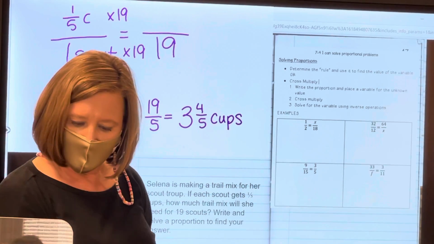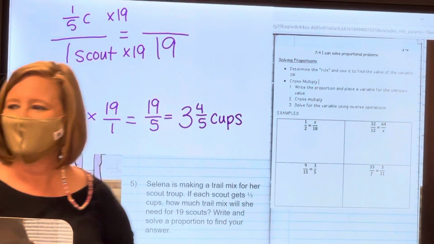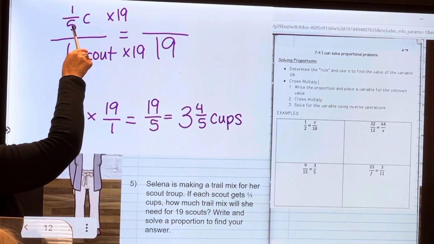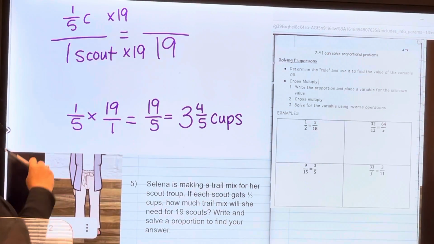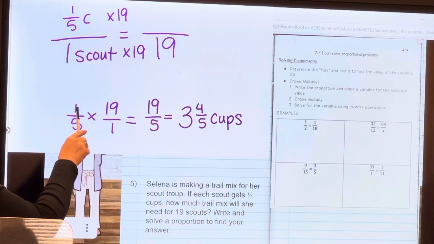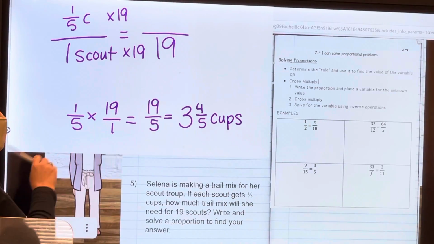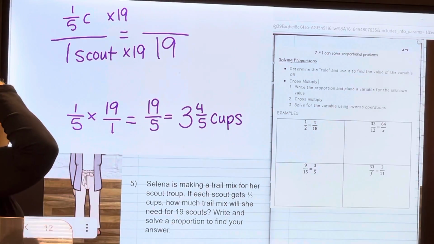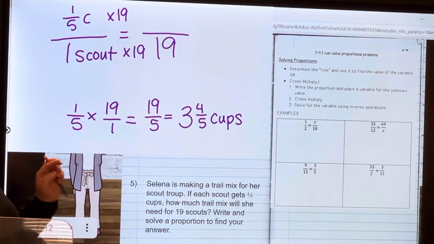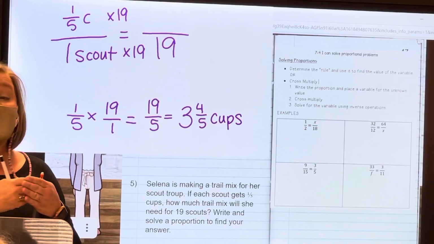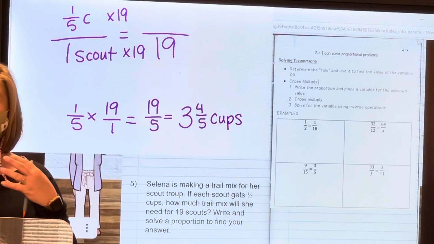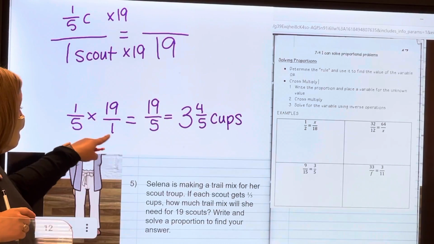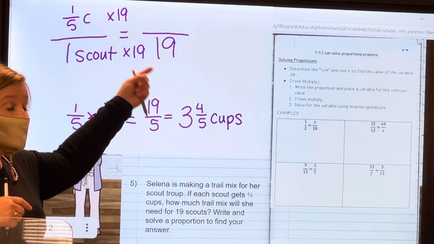How do we get a mixed number? Because, look, you've got 1/5 cup times 19. So I did 1/5 times 19 over 1, because I gotta put a 1 underneath it, and then multiply. Y'all, I told you, you're gonna have to take the skills that you've learned all year and apply them as we keep going. 1 times 19 is 19. 5 times 1 is 5. Then I changed it to a mixed number.